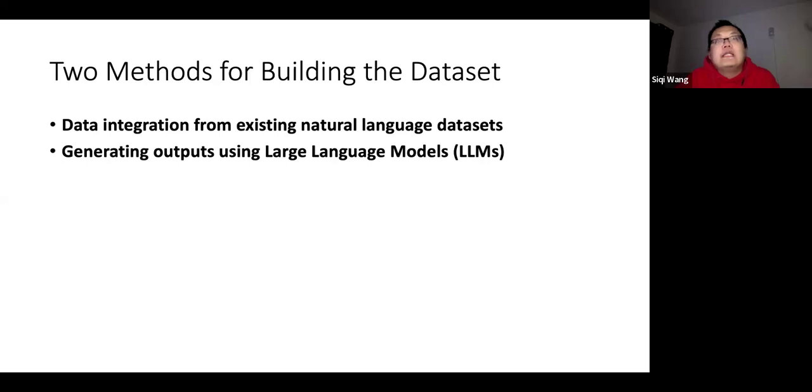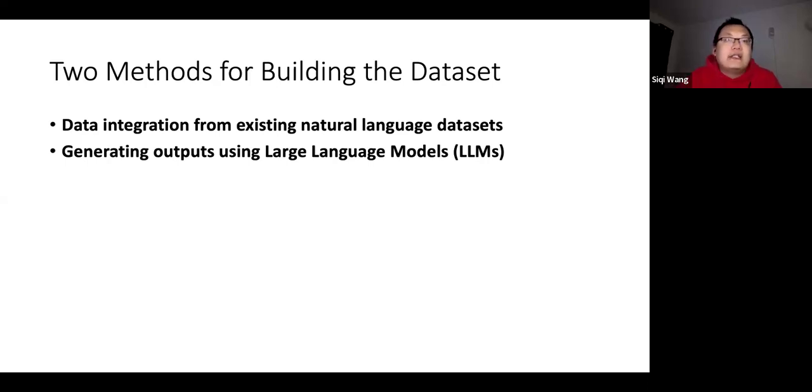We can turn that into an instruction like "classify the sentiment of the sentence" and pair it with the correct sentiment as the output. For example, datasets like FLAN and P3 are built this way. They take existing labeled data and reformat it into instructions.